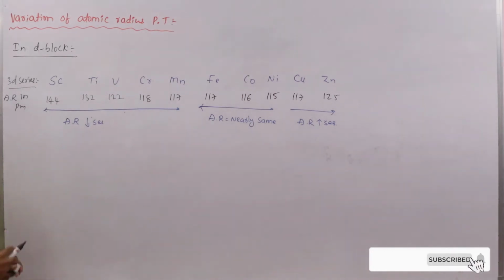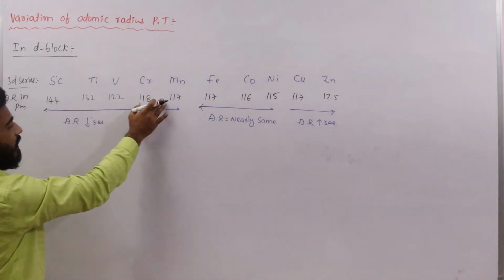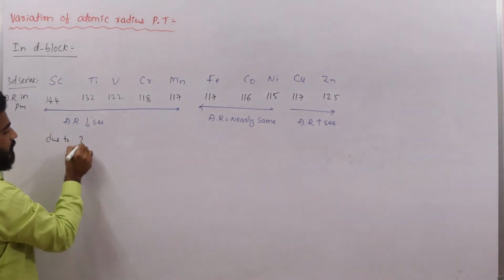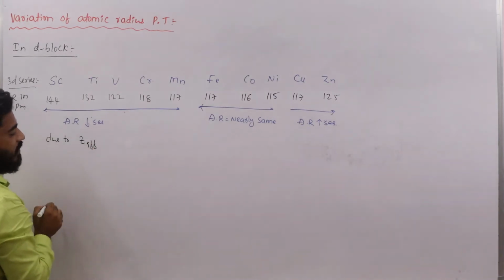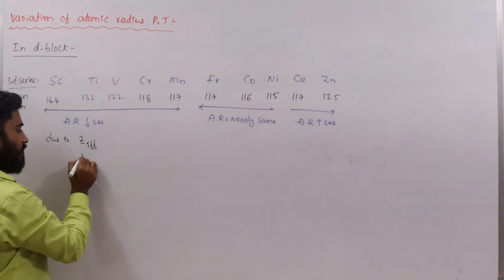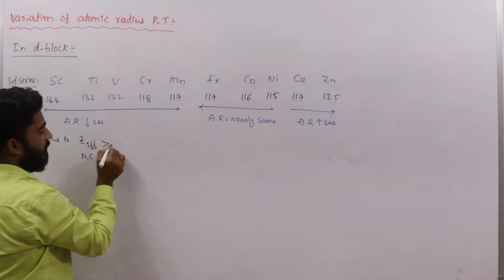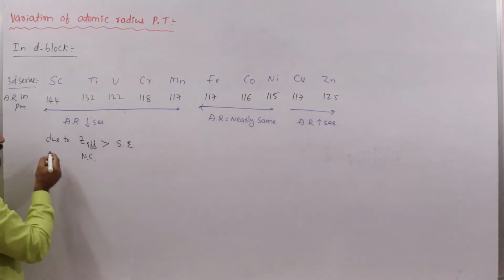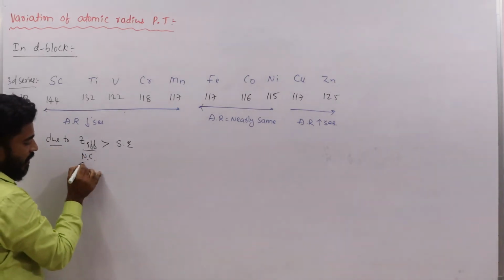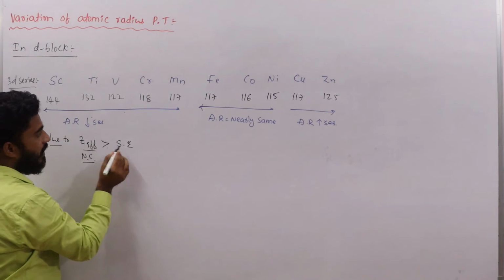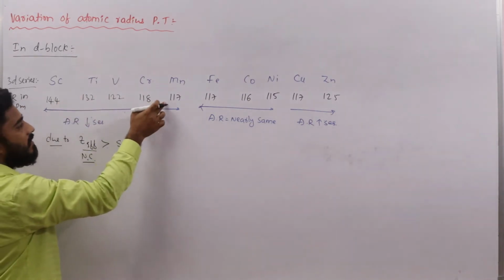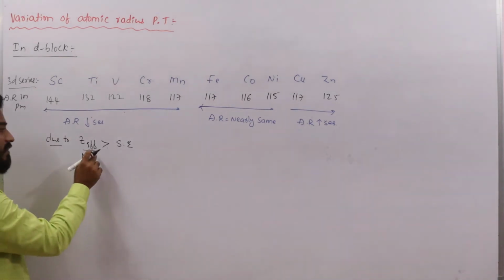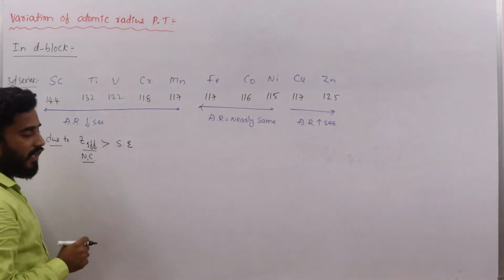Let us see. From scandium to manganese, the atomic radius decreases due to Z effective, which is nothing but the nuclear charge. The nuclear charge is greater than the shielding or screening effect. Here the nuclear charge is more than the shielding effect.